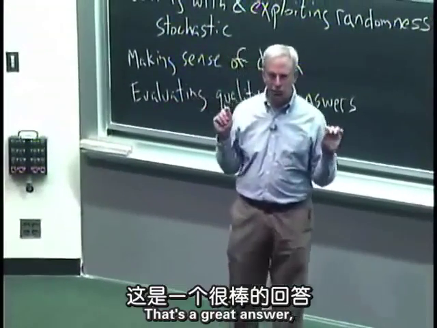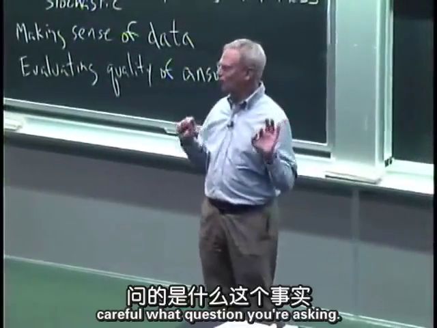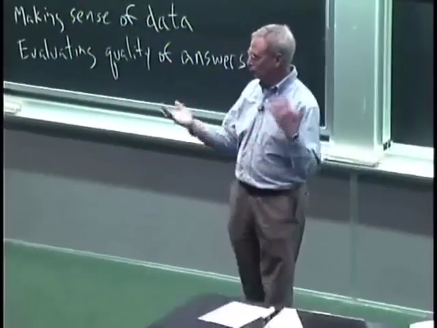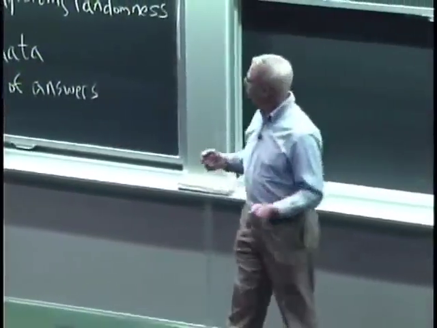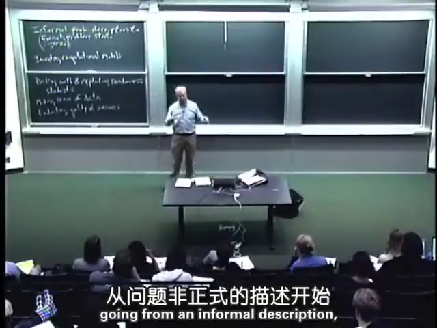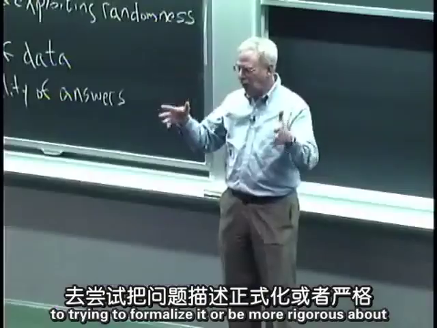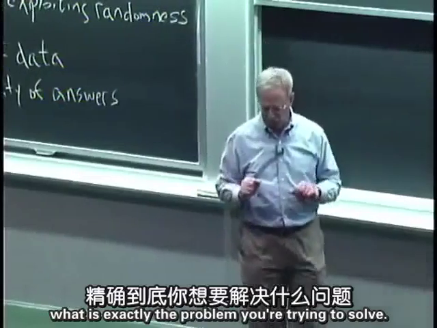That's a great answer because it addresses the fact that you have to be very careful what question you're asking. And there are subtle differences between those two questions, and they might have very different answers. So that's part of that first step, going from an informal description to trying to formalize it or be more rigorous about what is exactly the problem you're trying to solve.